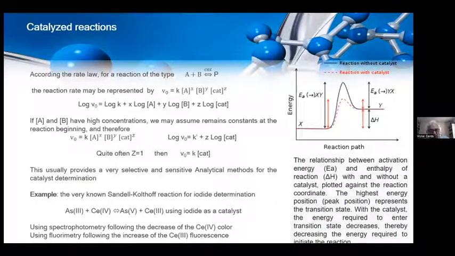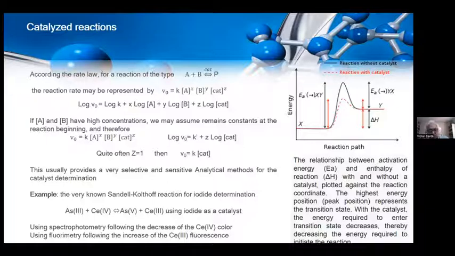Since initially you can consider that the concentrations of the reacting components are almost constant, you can introduce these values in this constant here, and finally you can take the logarithm.